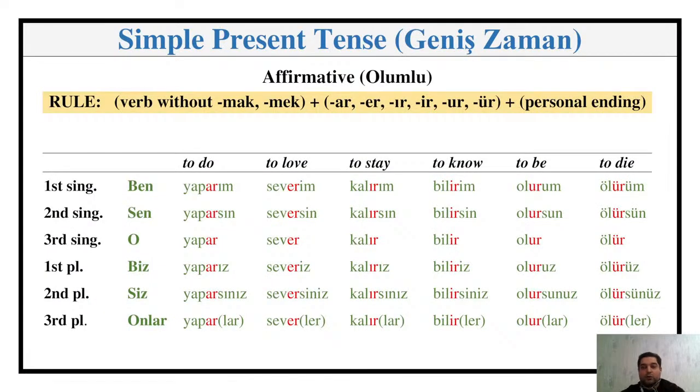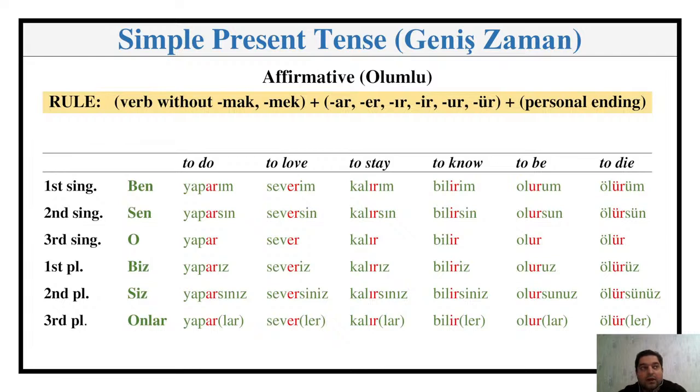This one. So we had basically 6 possible cases, right? Remember, 6 possible endings that we could add to the root of the verb in order to make it present tense. And the question was, how do we understand which ending, are, ur, ir, ur, or ur, to add to the root of the verb?